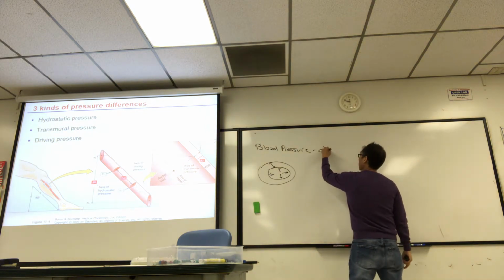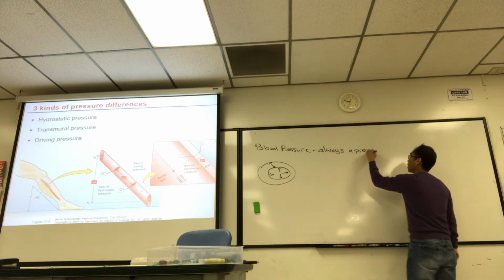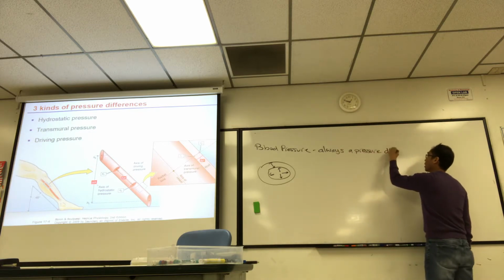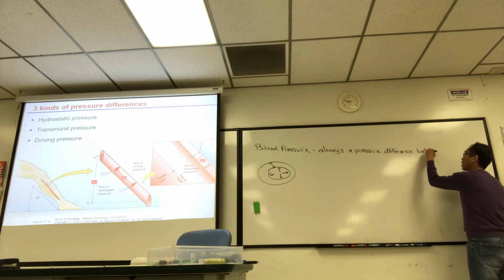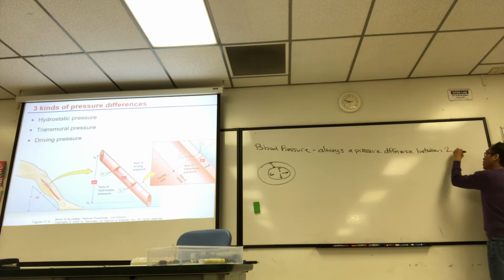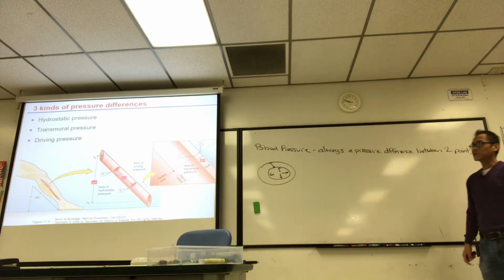Always. A pressure difference between 2 points. Now it depends which 2 points you're talking about in this section of a blood vessel here.